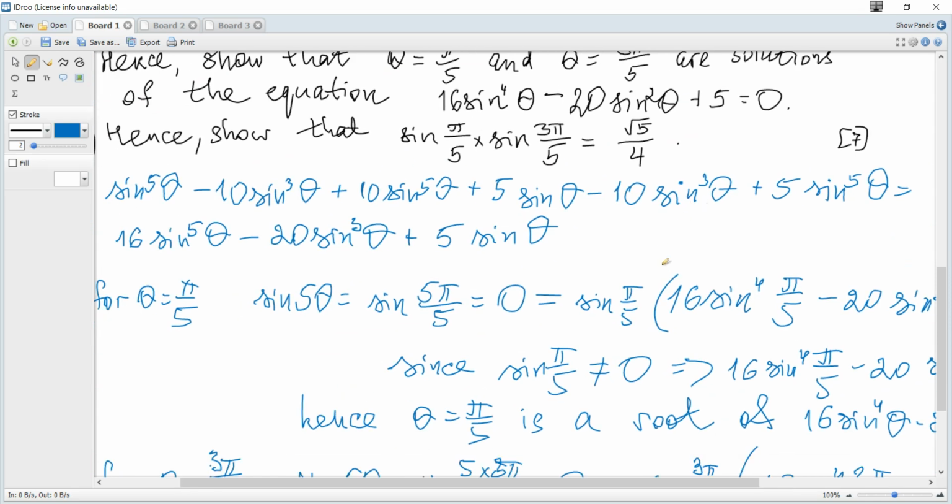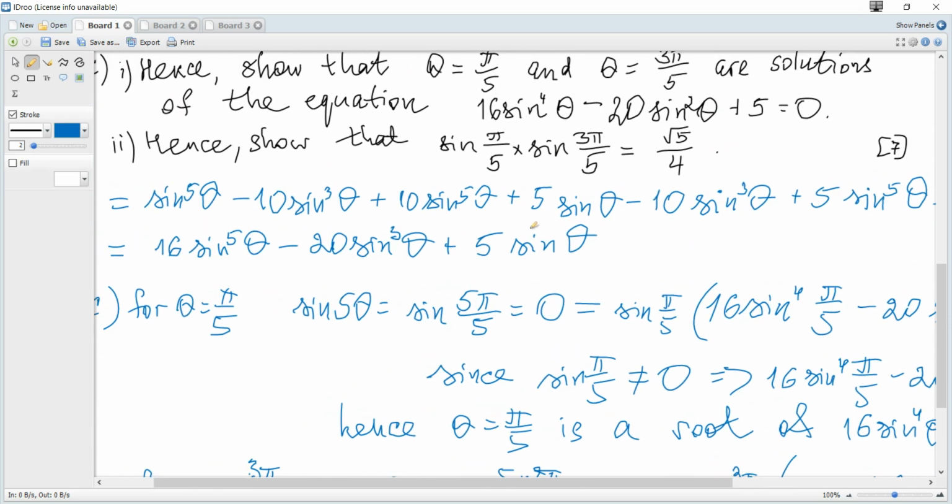And the next, hence show that sine of pi over 5 multiplied by sine of 3 pi over 5 is equal to root 5 over 4.